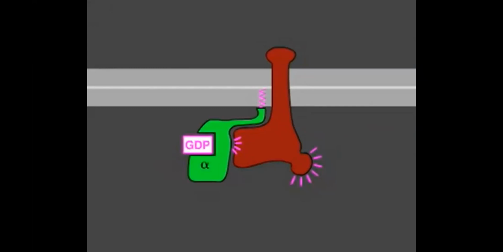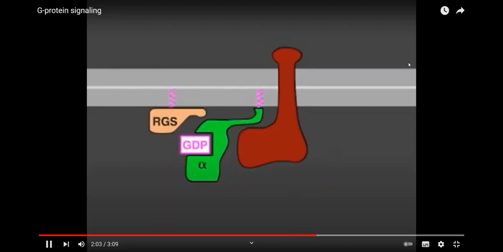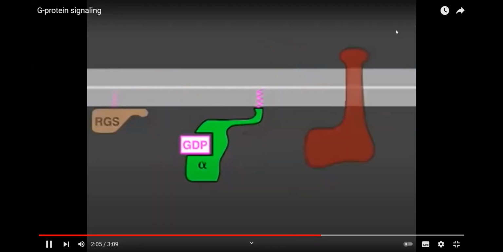This step is often accelerated by the binding of another protein, called a regulator of G protein signaling, or RGS. The inactivated GDP-bound alpha subunit now reforms an inactive G protein with a beta-gamma complex, turning off other downstream events.